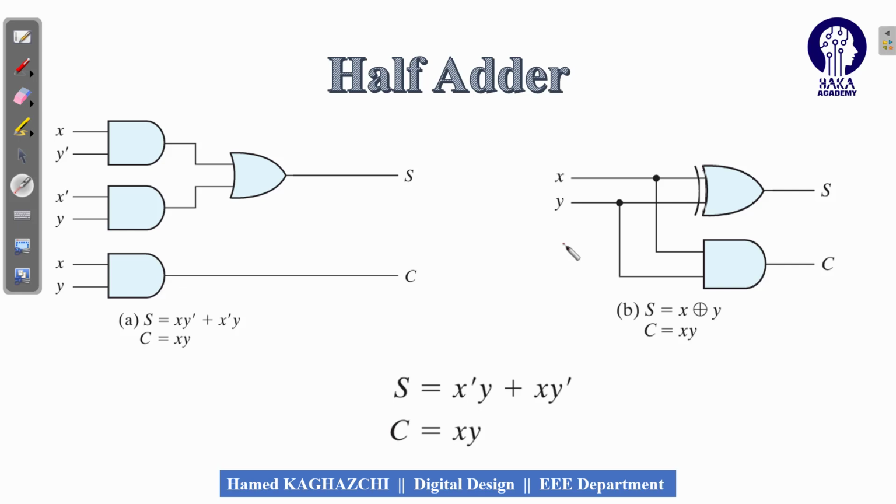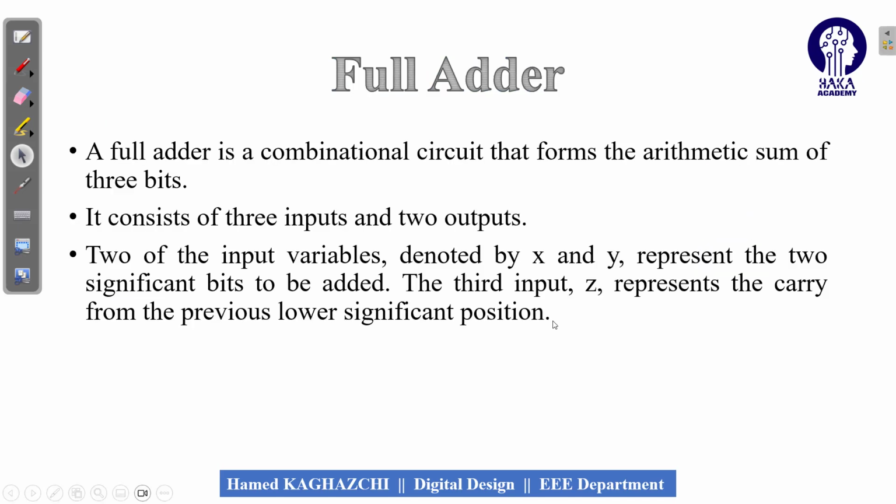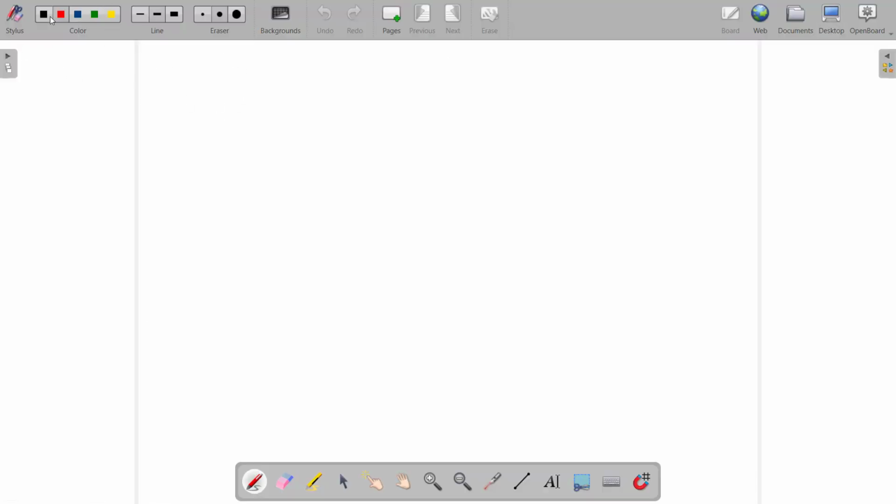So if we have 3 bits, how can we add these 3 bits together? In the case of adding 3 bits, suppose that we have A0, B0, and suppose that we have C0.